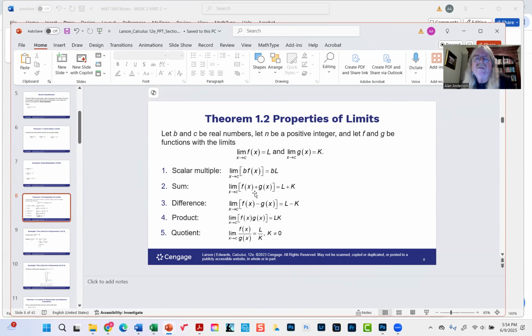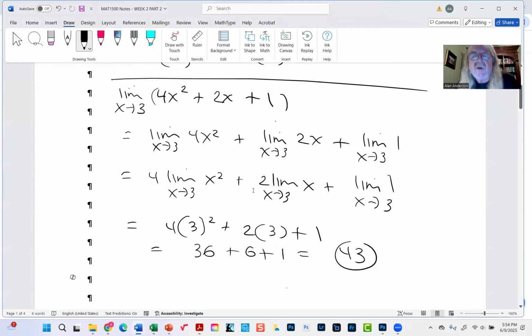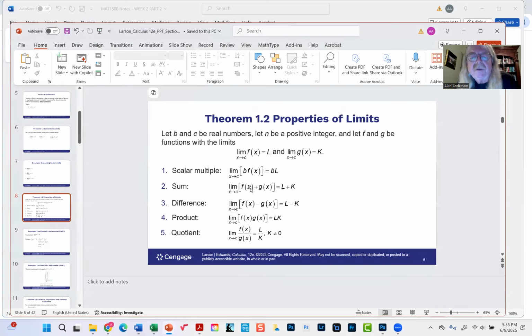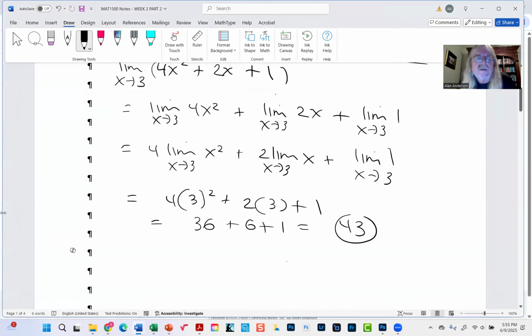What else do we have here? Oh, we've got the sum, and we also have differences. Differences work the same way. If I had differences, I could break up the limit into individual limits and then subtract them, and I'd get the correct result. For the product, I can multiply them together.